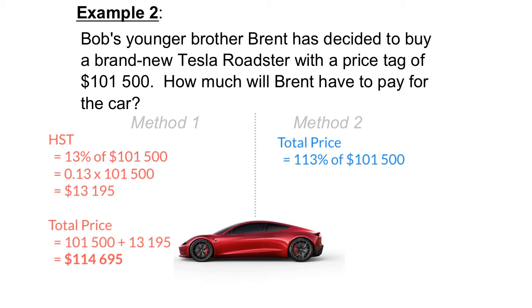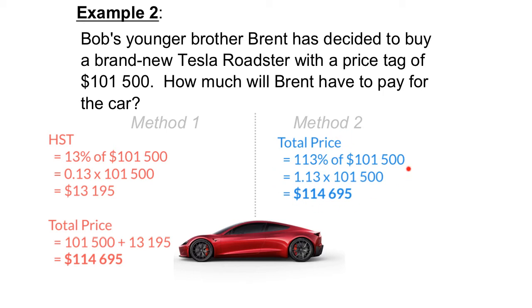So in method 2, I'm just going to calculate 113% of my regular price. So I write my percent as a decimal and multiply by my regular price. And when I do the calculation, I end up with a total price of $114,695. And that's the same as what I got using method 1.